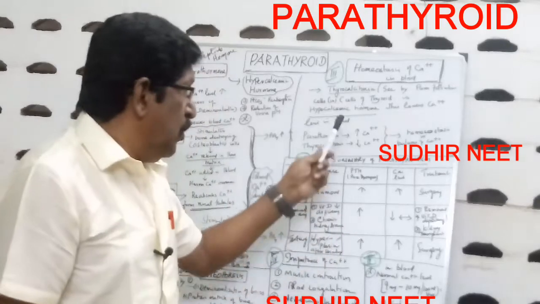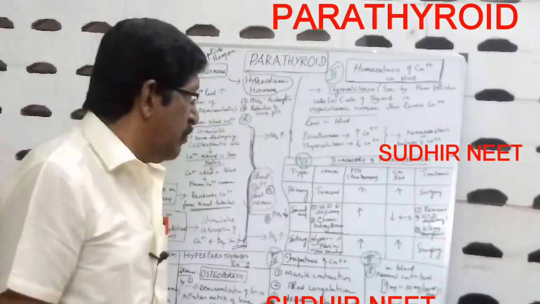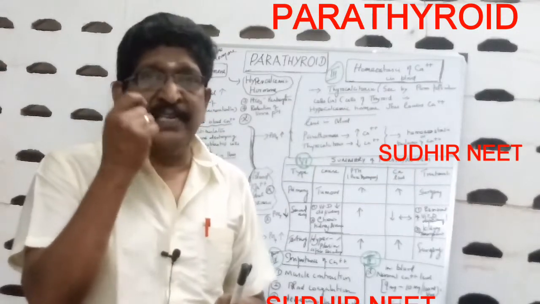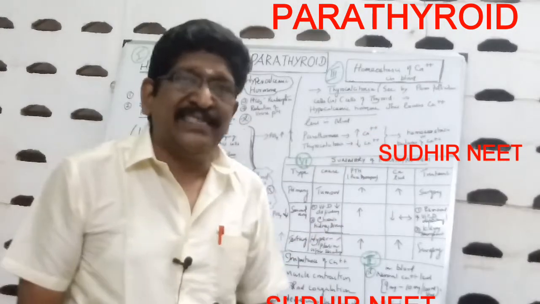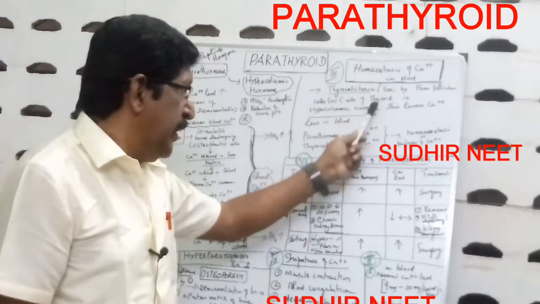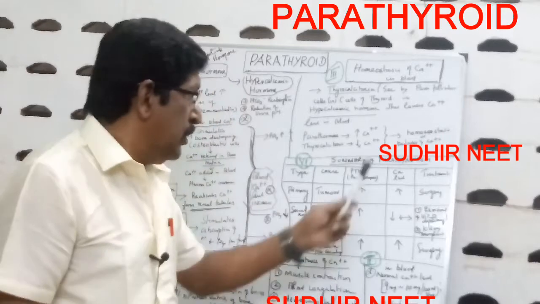So I told you this Parath hormone is a hypercalcemic hormone, whereas another hormone secreted by the parafollicular cells or C cells of the thyroid gland, thyrocalcitonin, is a hypocalcemic hormone.